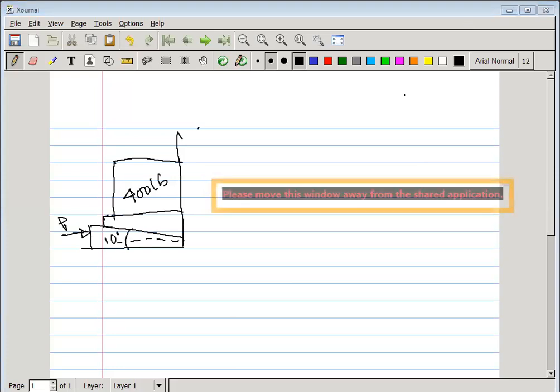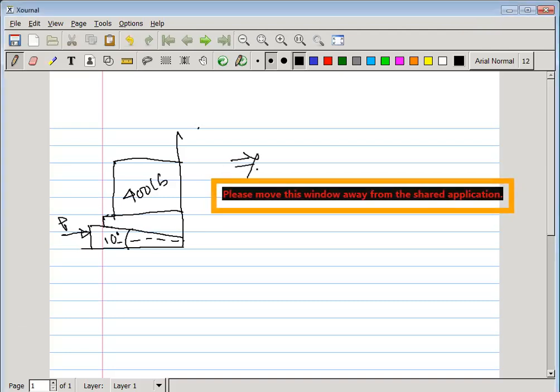Okay, then I will give you a little bit of hints about that. Suppose it is given that these are all surfaces. Please mute yourself.